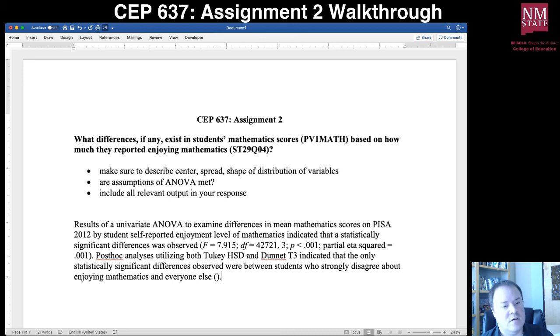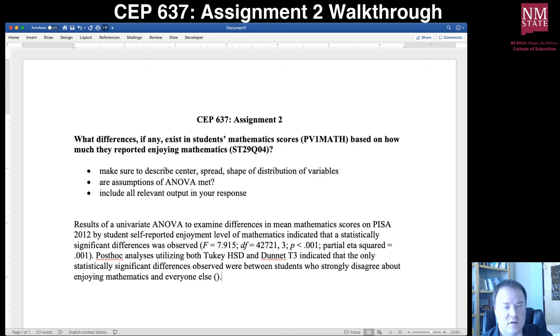So it's important to state that on the PISA 2012 assessment, we can't extend out beyond that, but anyone in these 6 countries who was to take this test, if they strongly disagreed about enjoying mathematics, would be expected to have lower scores than those who do not strongly disagree.